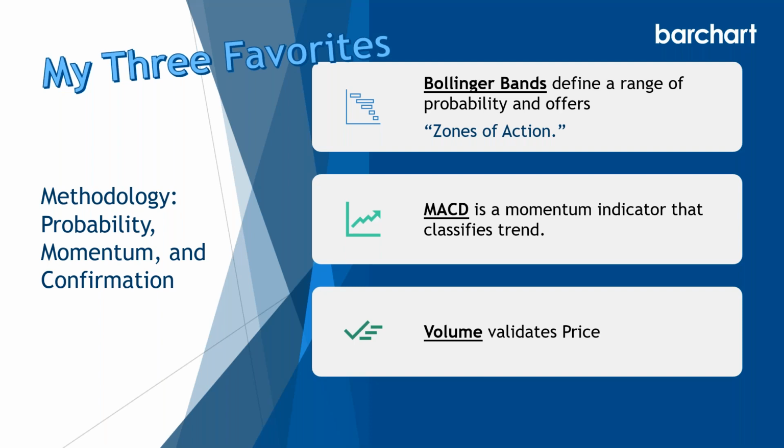This is a versatile indicator that not only measures momentum, but it also will alert me of price and trend changes, as well as confirming established trends. And volume, which I believe is a forgotten and often overlooked indicator, but this simple indicator not only validates price movement, but can foreshadow dramatic moves and can indicate tops and bottoms.